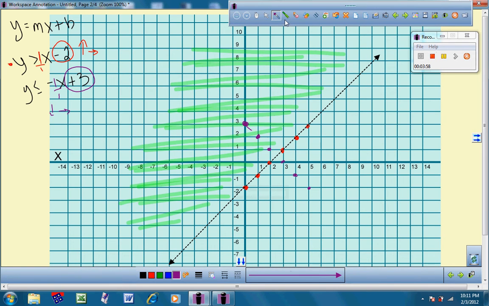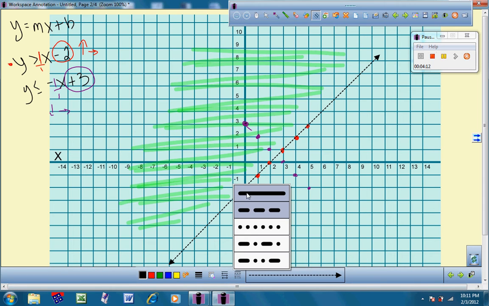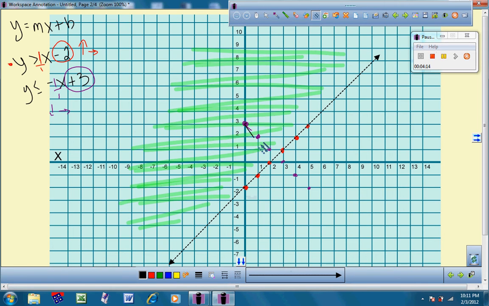Doesn't want to work, I apologize. Alright, I've got it now. Go ahead and draw our line. Remember, equal to with the inequality means a solid line. So here we go. Nice line.